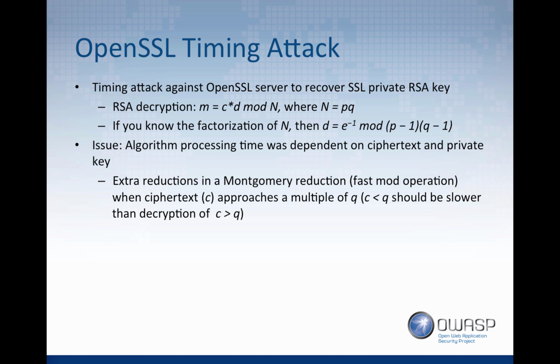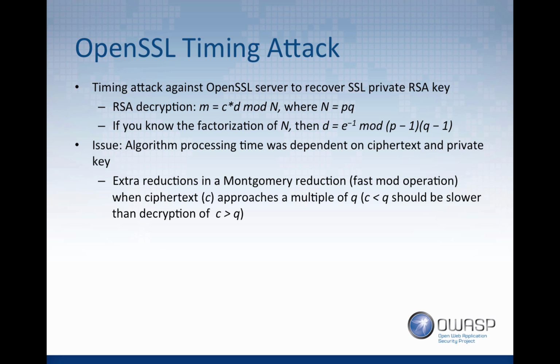OpenSSL notices that when C, your ciphertext, is close to a multiple of Q, your private key factor, then if C is less than Q, it's going to be slower than the decryption when C is greater than Q, because in some cases we're going to use this Montgomery reduction. In other cases, we'll just use the regular modulus, so it's slower.